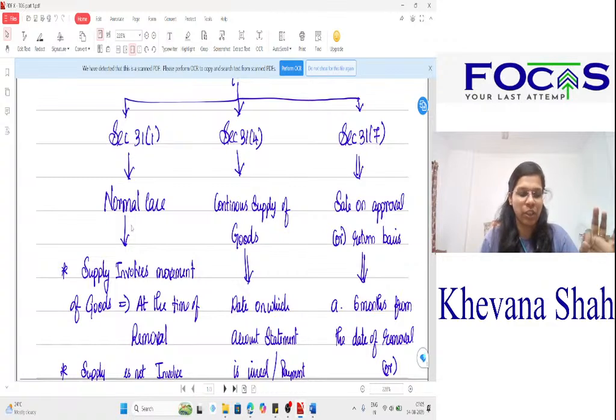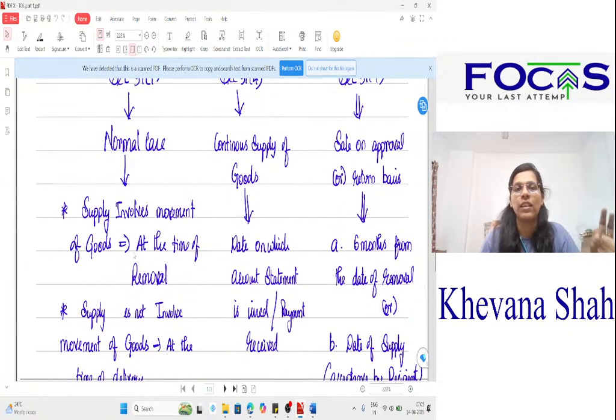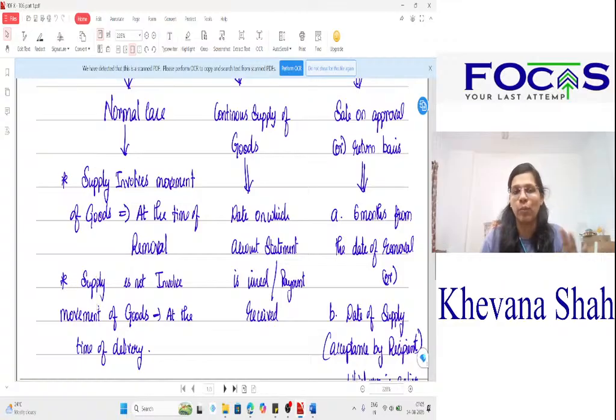Now coming to the normal case, section 31.1 says that whenever supply involves a movement of goods, the invoice should be issued at the time of removal. If you do not have any movement of goods, then the invoice should be issued at the time of delivery.